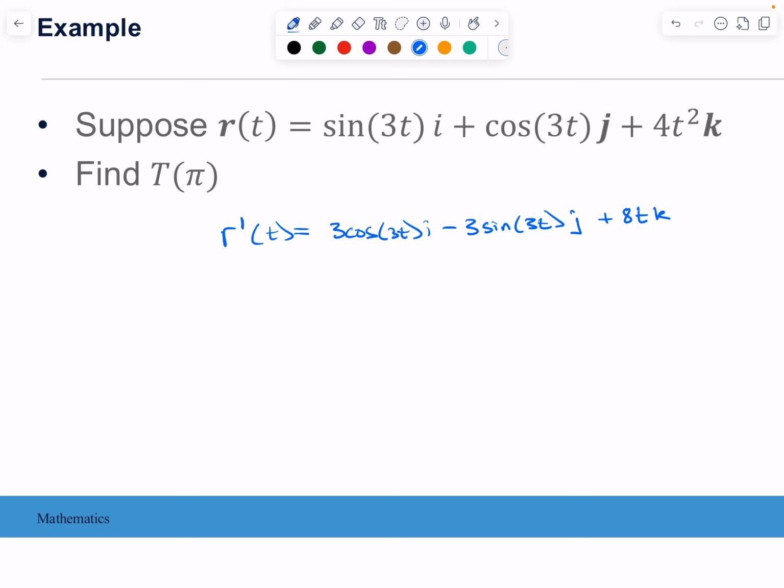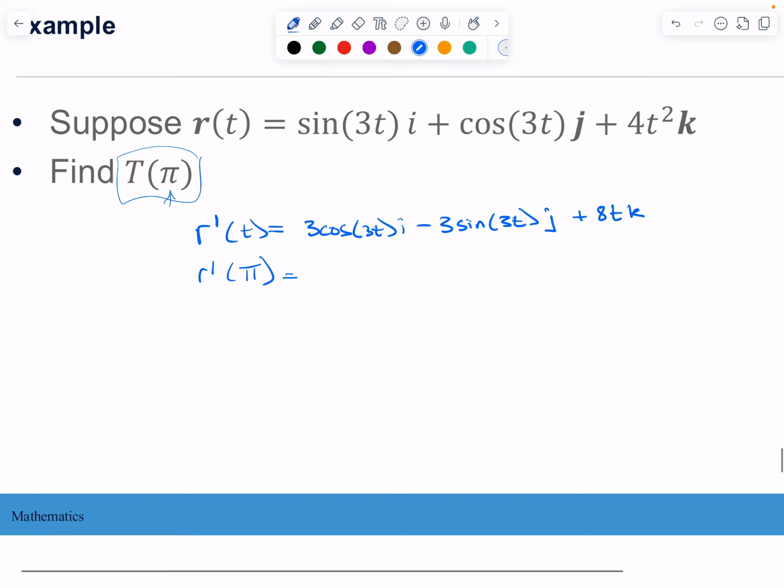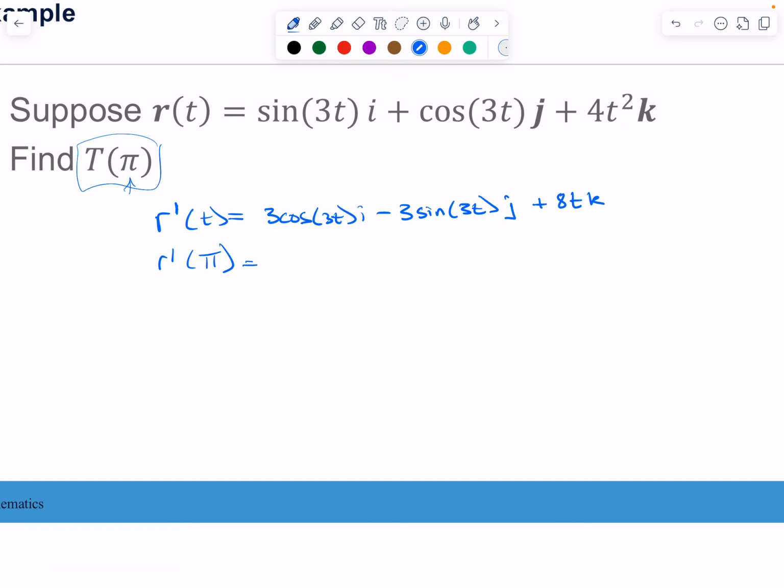Now at this point, I could compute the magnitude of this, but it's a lot easier to just go right ahead and compute this. The deal is that you can plug in the number that you're interested in once you've done all your derivatives. So in this case, I'm interested in t equals pi. So let's go ahead and compute r prime of pi. You'll see why in just a minute that this is fine.